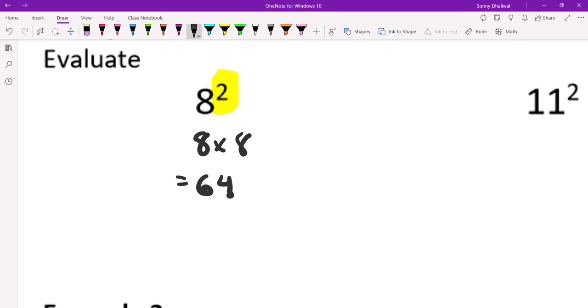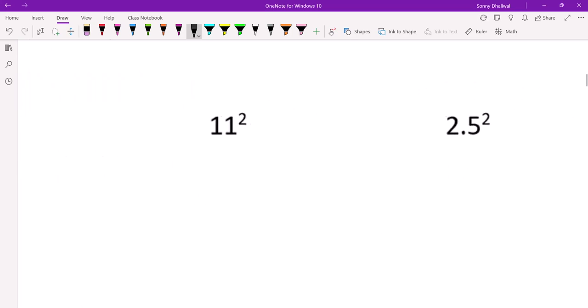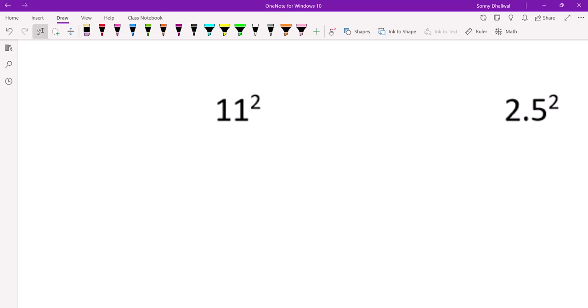All right? So I want you to figure out these 2 numbers. Use your calculator, come up with those 2 numbers. Give you like 30 seconds. All right. So what do we have for 11 squared? William? 122. Not 122. Oh, 121. 121. 11 times 11. What do we have for 2.5 squared? Carter? 6.